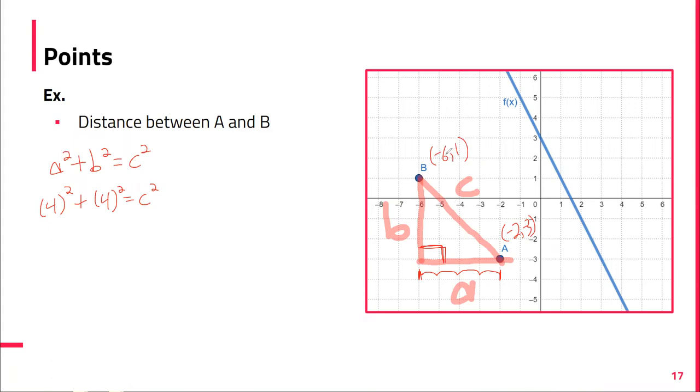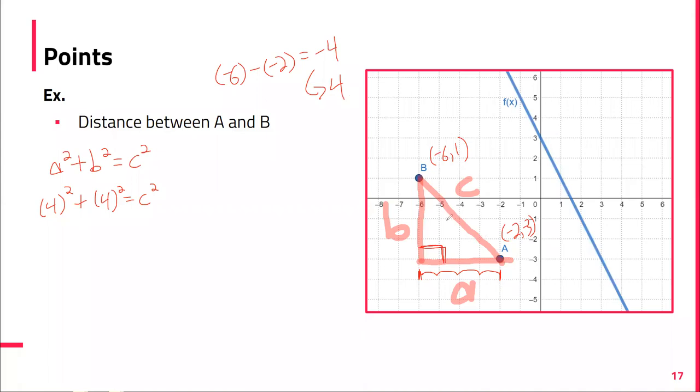Well, we just do -6 and then subtract the other one, -2, and that's -4, but just the, as I mentioned, the absolute value. We don't care if it's positive or negative, we're just thinking about a distance. So we just treat this as 4. It doesn't matter what the sign is in this case.